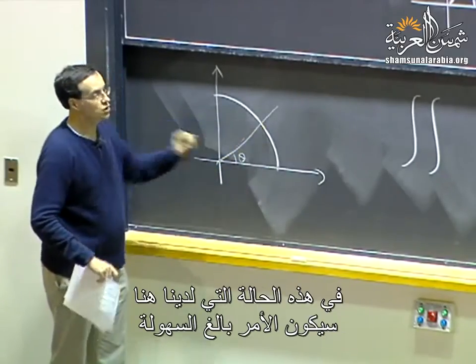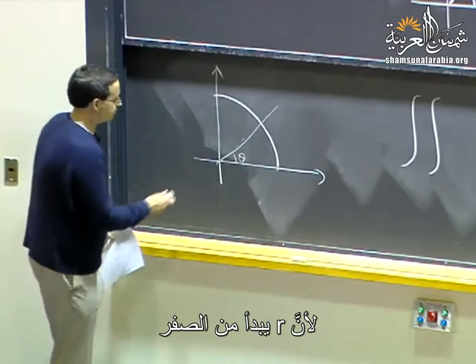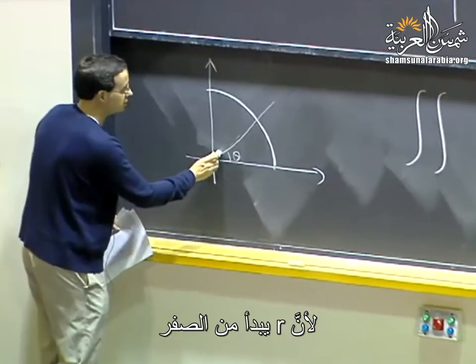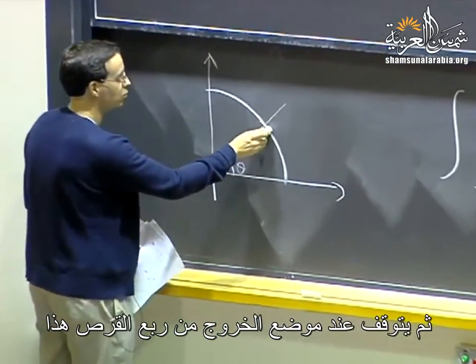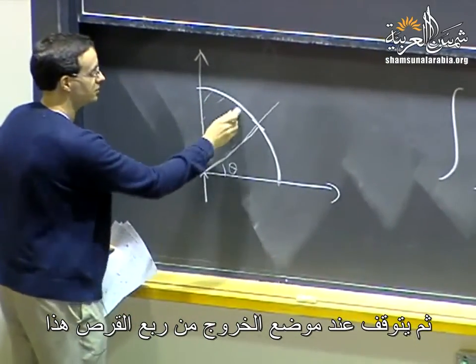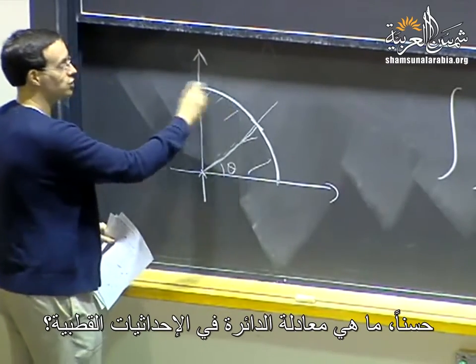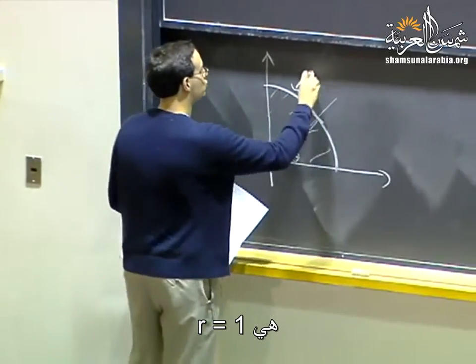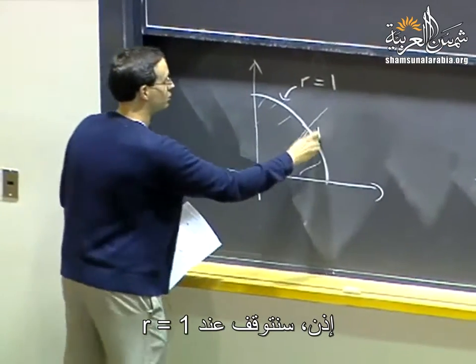Okay, so here it will be actually pretty easy, because r will just, well, start at 0, and you'll have to stop when you actually exit this quarter disk. Well, what's the equation of this circle in polar coordinates? It's just r equals 1. So we'll stop when r reaches 1.